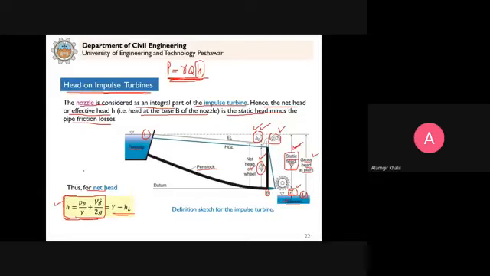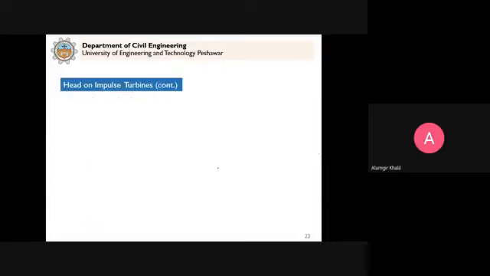Now let us see what are the different losses in case of turbines and how this head is utilized by the turbine. Clear? So the head or energy supplied at the base of the nozzle is consumed in 4 ways. How?